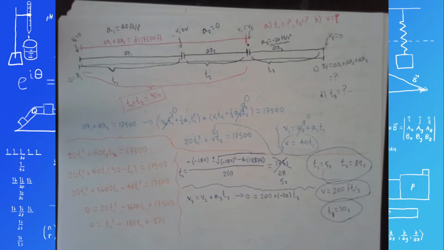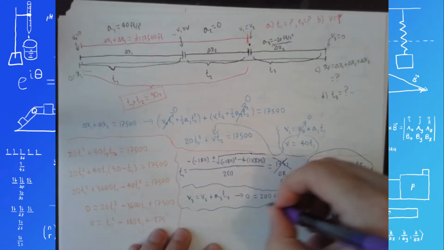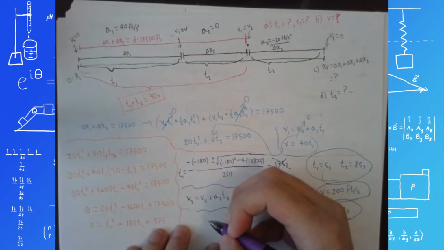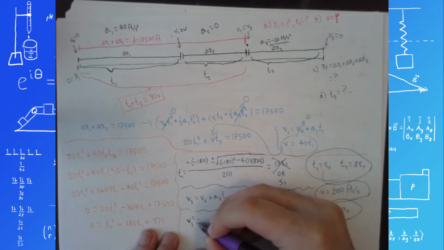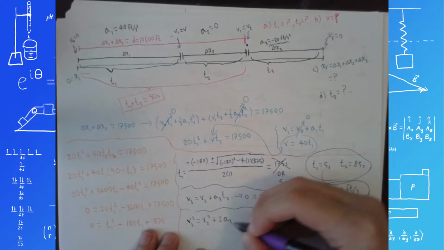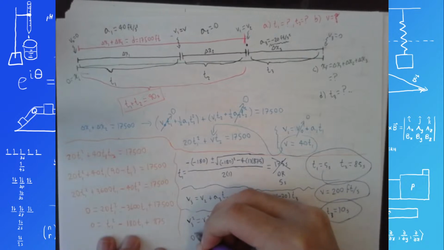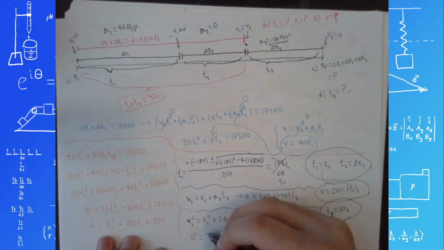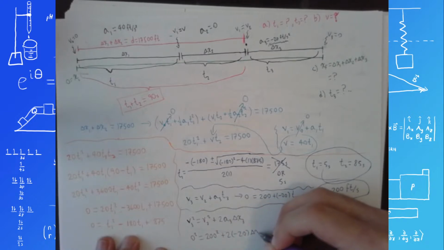So what color have I not used in a while? I guess this purple color. So we can do V3 squared equals V2 squared plus 2 times acceleration 3 times delta x3. And that gives me 0 squared equals 200 squared plus 2 times negative 20 times delta x3.